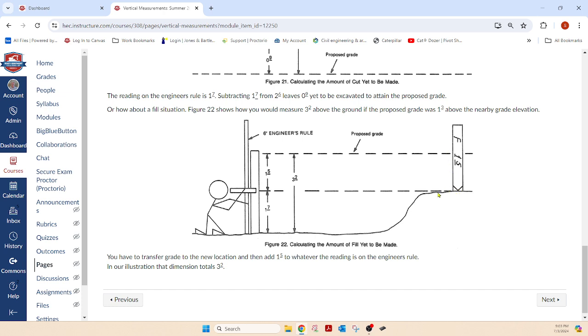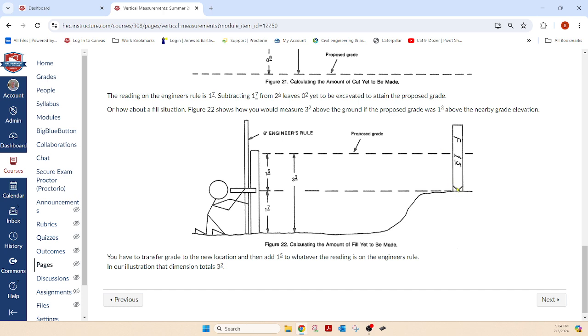So let me pull this over here to my lath, or my engineer's rule. And what am I reading? 1 7/10, right? It says that. But how far do I need to be to reach proposed grade?